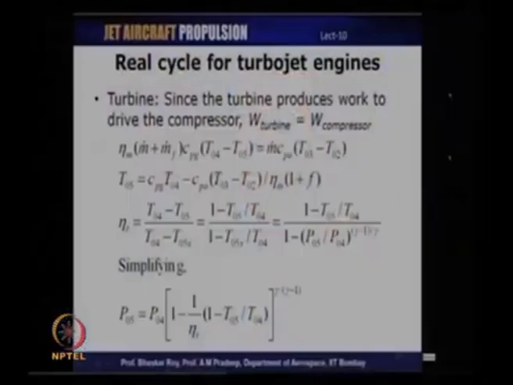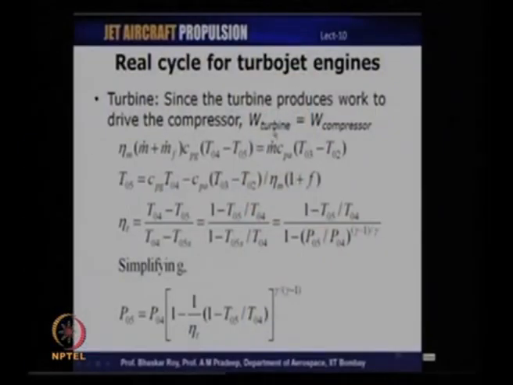So, from these two equalities, one is that the work done by the compressor is equal to that of the turbine, and the other is the efficiency, which relates the ideal and the actual temperature difference across the turbine, we can also find out the total pressure at the exit of the turbine. Let us do that.